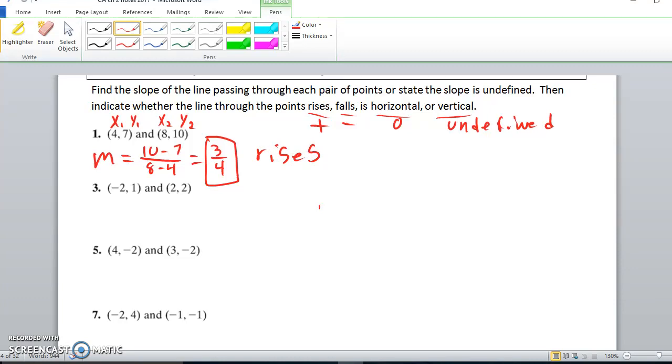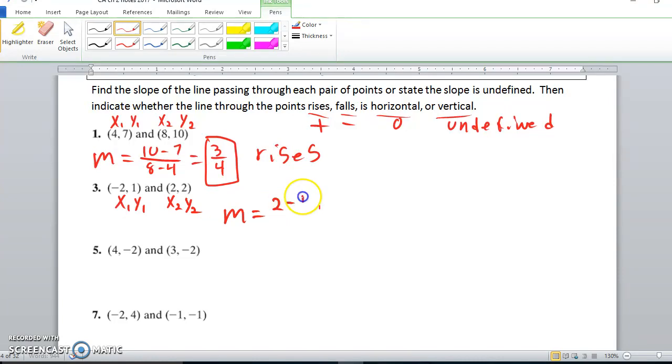Okay, so then our next one, we can let this one be x1, y1, and then we can let this one be x2, y2. So our slope is equal to 2 minus 1 over 2 minus negative 2.